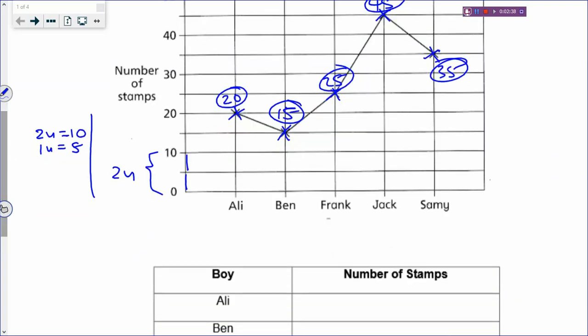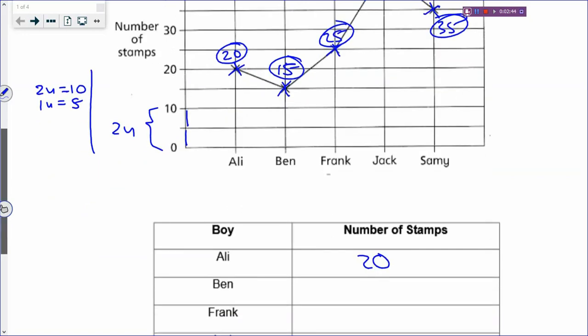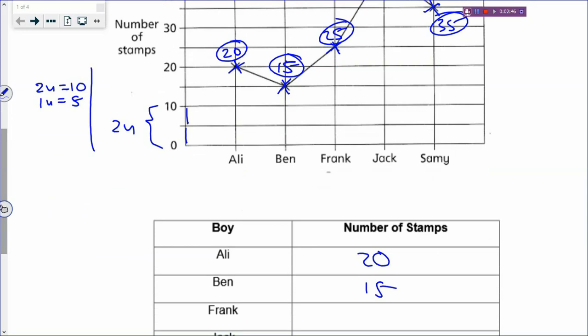So let's solve the problem. Ali has 20, and Ben has 15. What you are doing now is putting the numbers in a table. The table also belongs to the same category as the line graph and bar graph; all this belongs to one group.